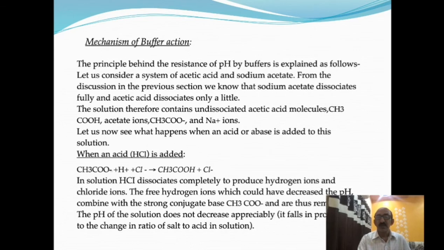It very quickly combines with the H plus ions liberated from the HCl. Due to the combination of the acetate ion and H plus ion, there is formation of CH3COOH. Thus, the H plus ion is removed by the CH3COO minus ion.